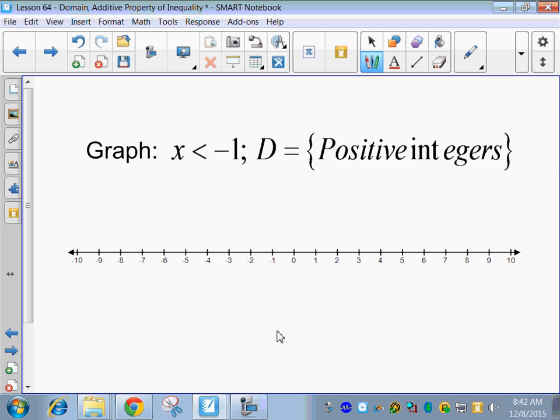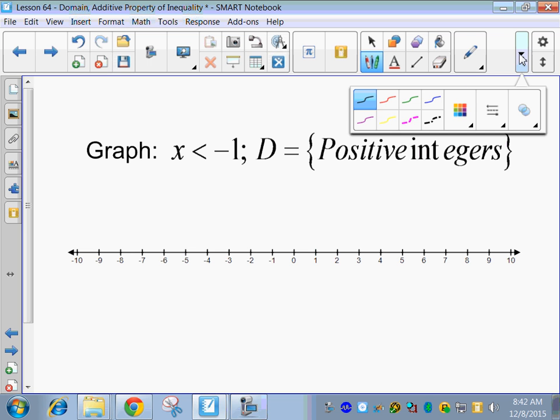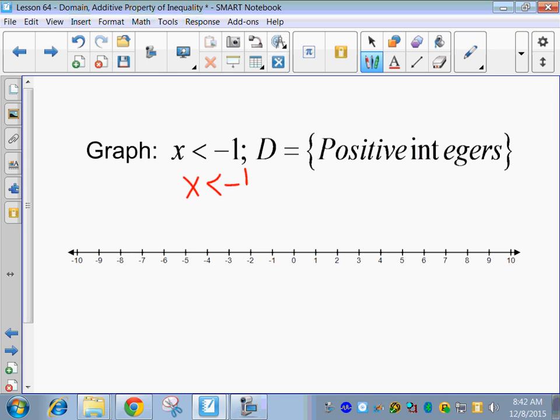That says positive integers. All right, so X, write that down, is less than negative 1, domain positive integers. So according to our X is less than negative 1, the solutions would be numbers that are less than negative 1.